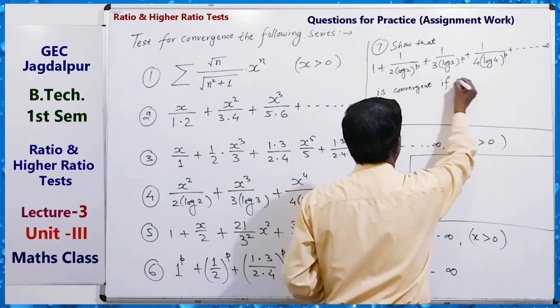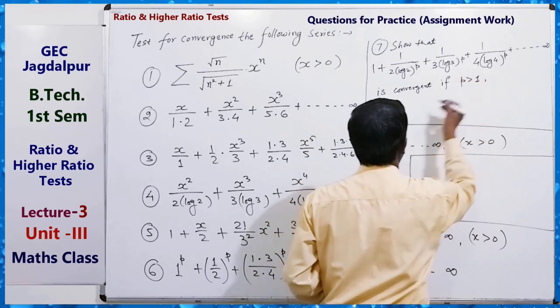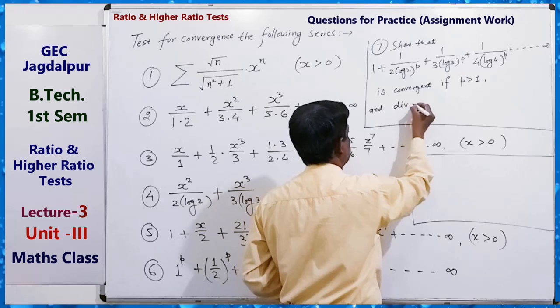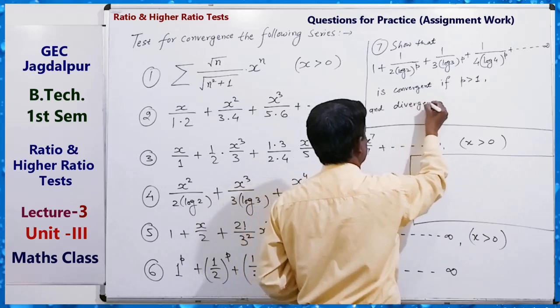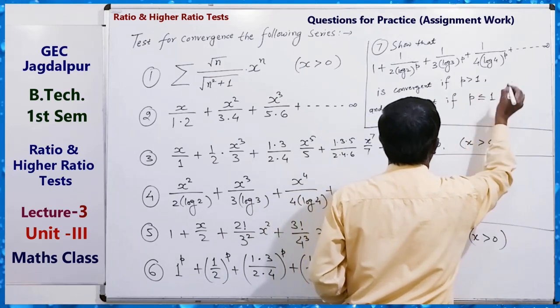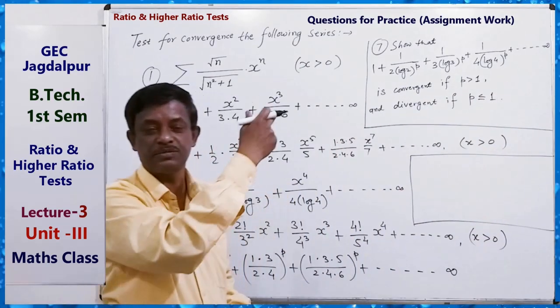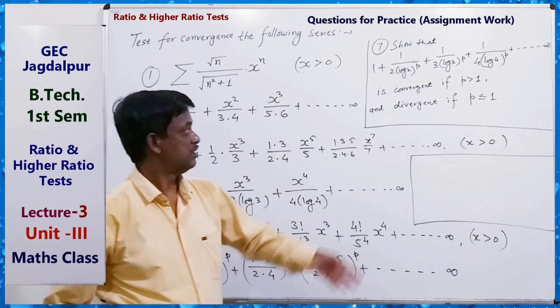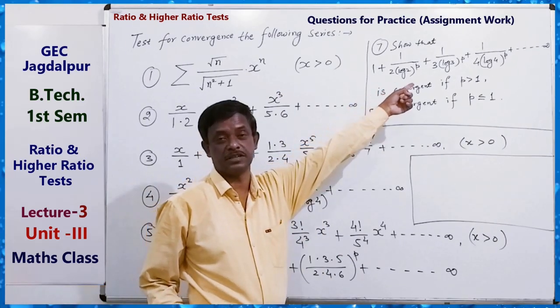This is convergent if p is greater than 1, and divergent if p is less than or equal to 1. You can prove this by using Cauchy's condensation test.